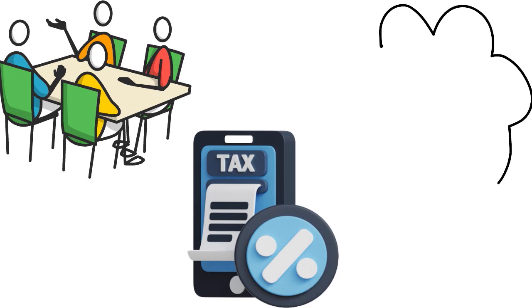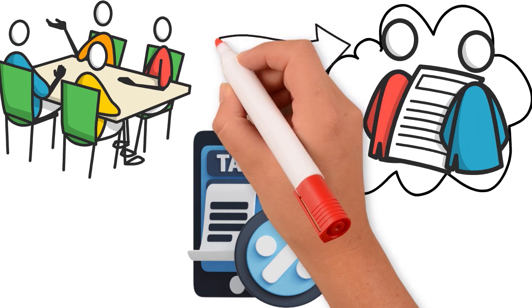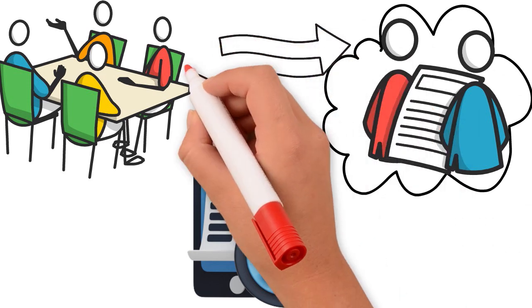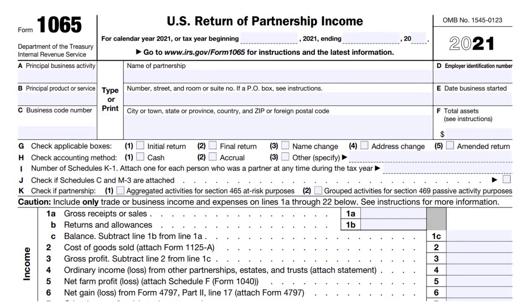If you want to file as a multi-member LLC, the default tax status is that the IRS will treat you as a partnership. So filing can get a little more complicated with the multi-member LLC versus single member LLC. The LLC will need to fill out a partnership information return, Form 1065.